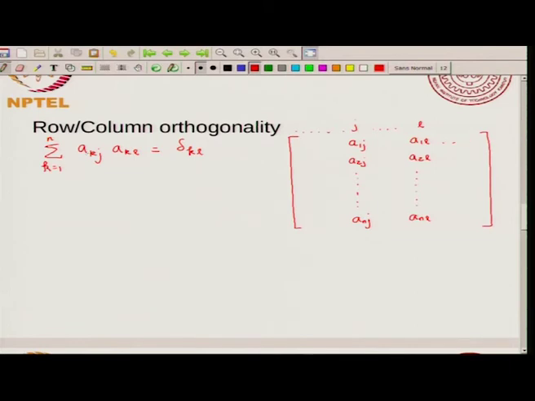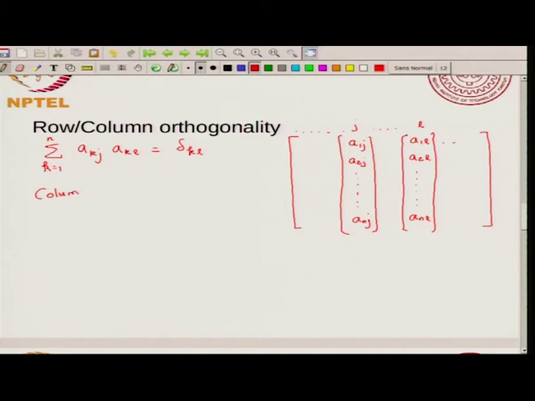Now what you can see is that in this sum what is appearing is a_kj, and k goes from 1 to n. So, it comes a_1j, a_2j, a_3j all the way, and then a_kl, that is a_1l, a_2l up to this. So, what you are effectively doing is you are taking this vector and taking a dot product with this vector. So, essentially you are taking the dot product of these two vectors, and that dot product should be 0 if you take two different columns. If you take the same column, that dot product should be 1. Okay. So, this is what you mean that any two columns are actually orthogonal to each other.